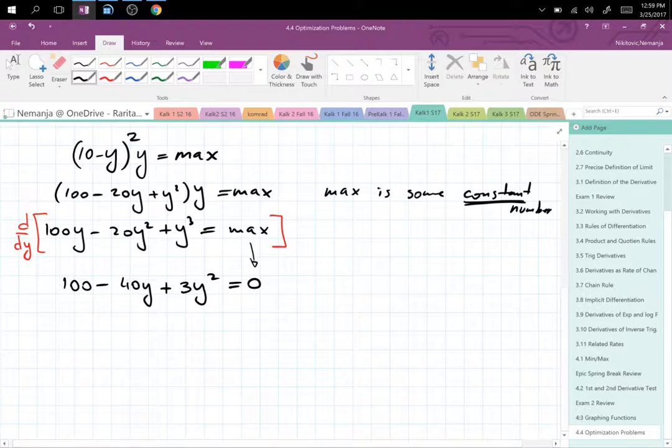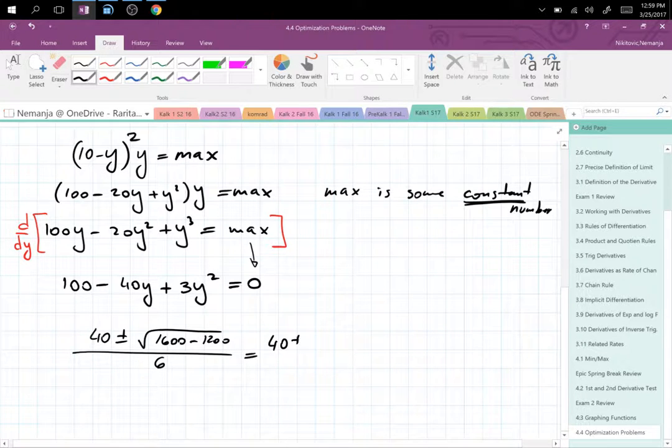We have negative b plus minus the square root of b squared, which is that, minus 4ac, which is that, divided by 2a, which is this, which is 40 plus minus, that's 400, that's 20, divided by 6, so we get 60 over 6, which is 10, or we get 20 over 6, which is 10/3.